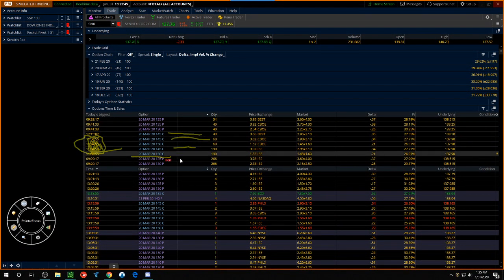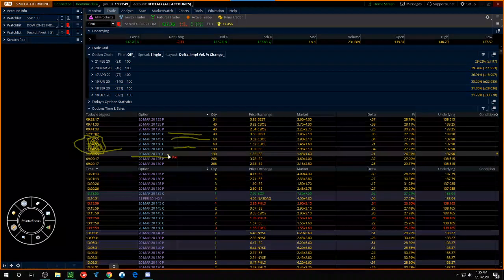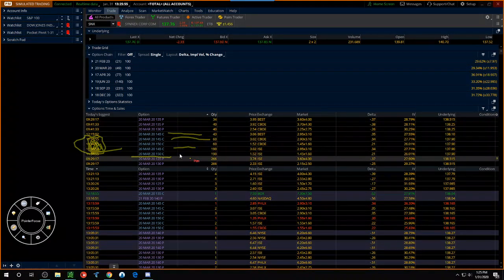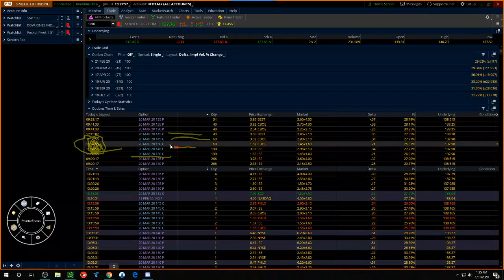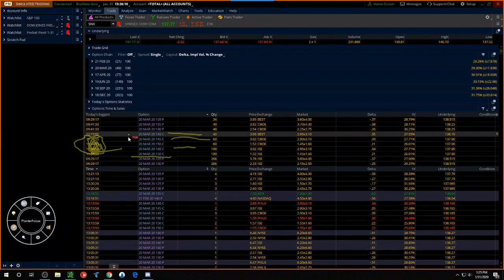There's more 145s than 150s, unless another set of calls came in a little lower than this and it just didn't pop up because of the condition that I set. So there's 250 150 calls and almost 300 of the 145 calls.